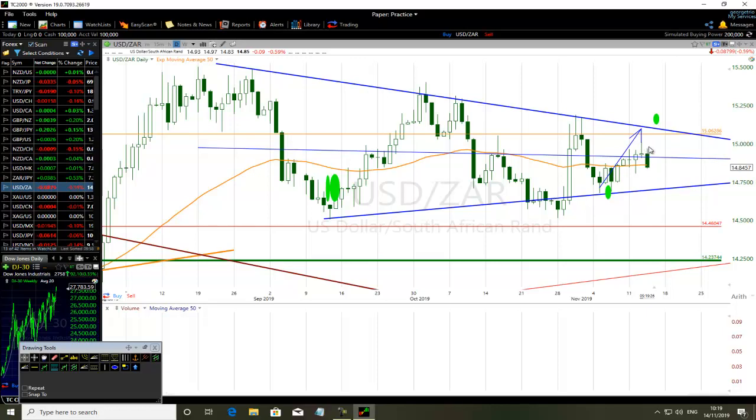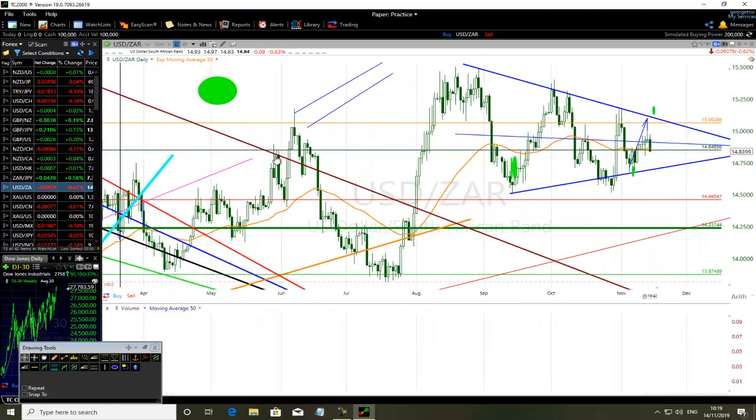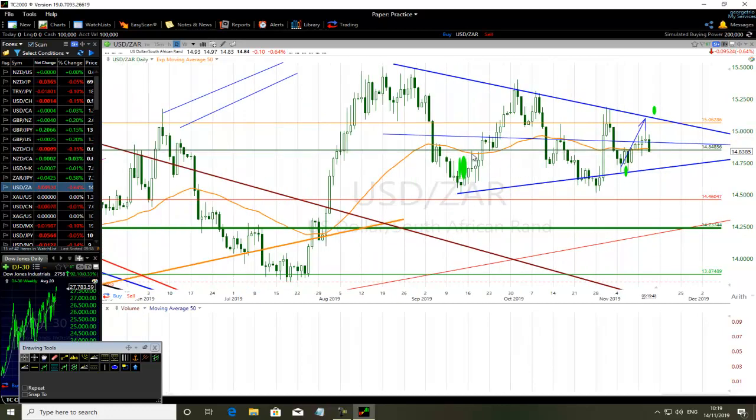I'm on the daily chart. This is today. The price is now at a support level. Which support level? The moving average 50. But there is another support level here. Look carefully: we draw a line there. You see, this was a key resistance level, this resistance here and this one also here.